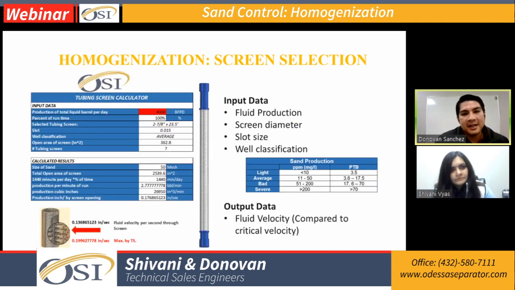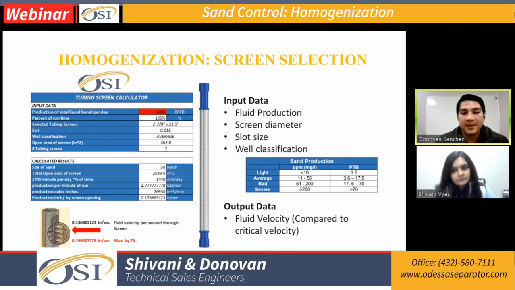So here's kind of an idea of how we like to do our screen selection for the length of our assembly. Some of our input data is fluid production. Right here, this is something typical you probably see in an ESP, about 4,000 barrels of fluid per day. And like I said earlier, it's running 100% of the time.